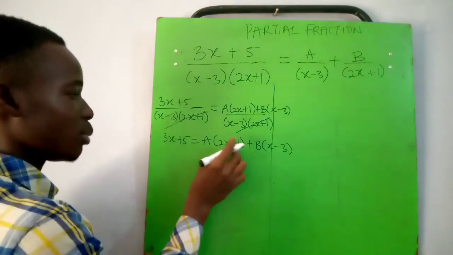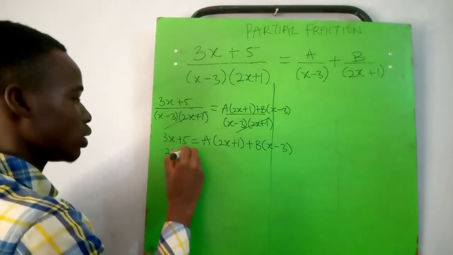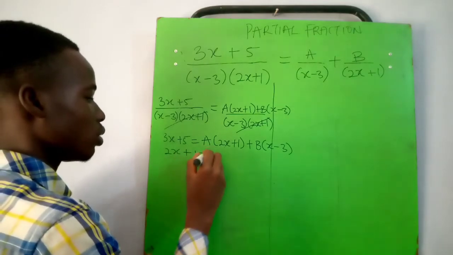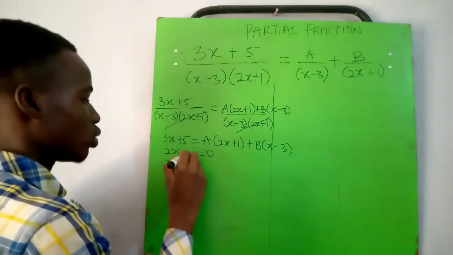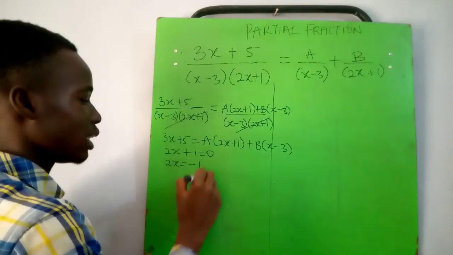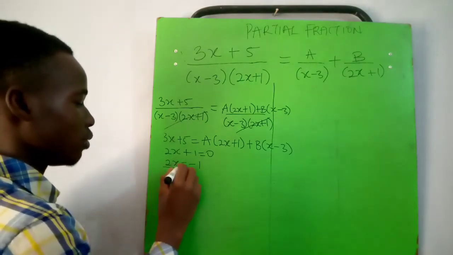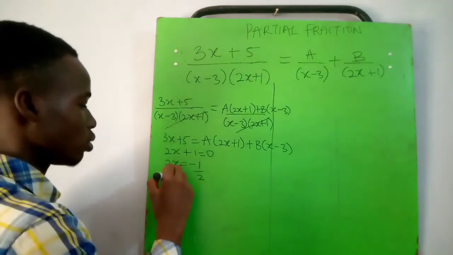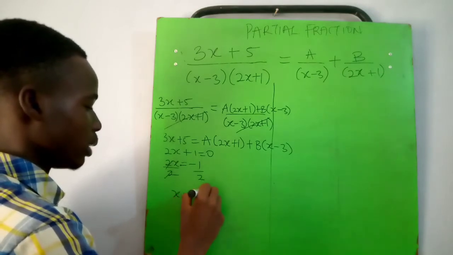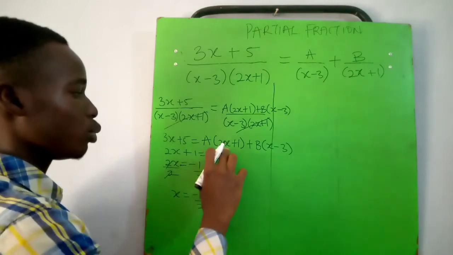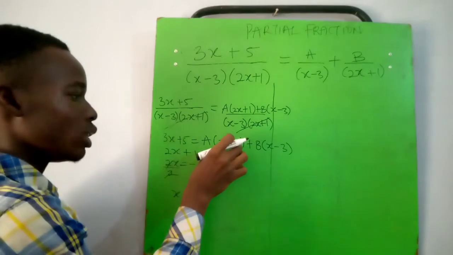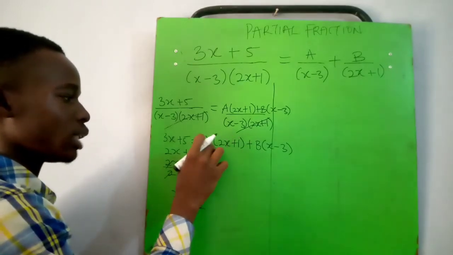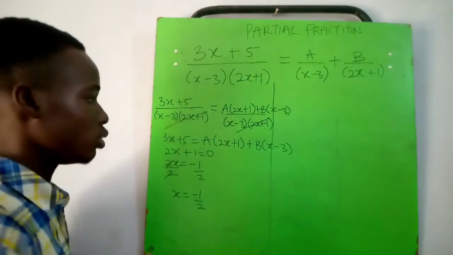We equate everything in the bracket to 0. We have 2x plus 1 equal to 0. 2x, when 1 goes over, becomes negative 1. Dividing both sides by 2, the value of x is minus 1 over 2. So when we input this minus 1 over 2 into this, it gives us 0. 0 times A is 0. So we have succeeded in doing that.